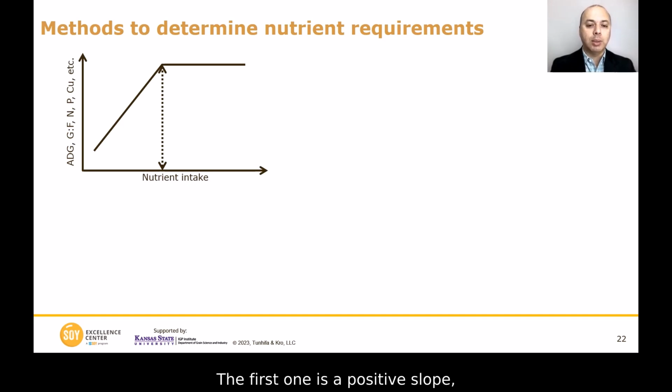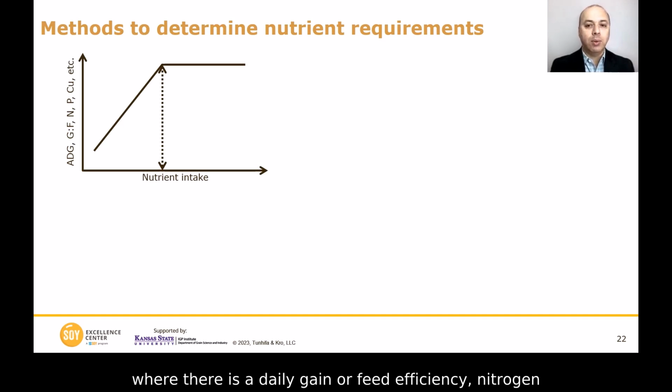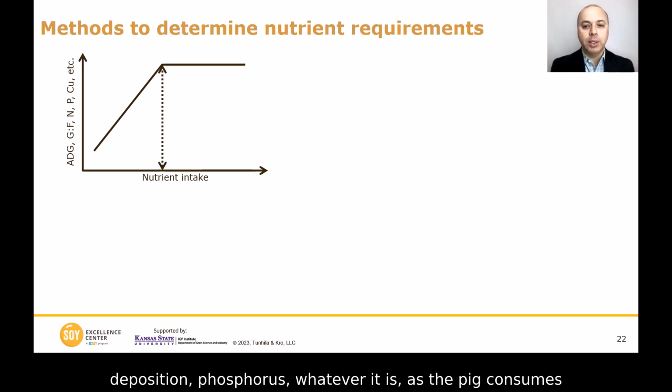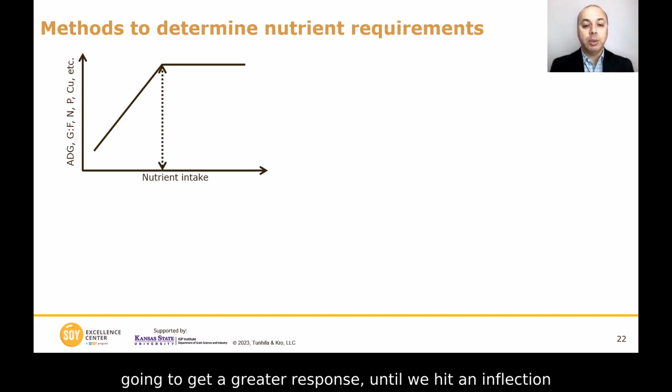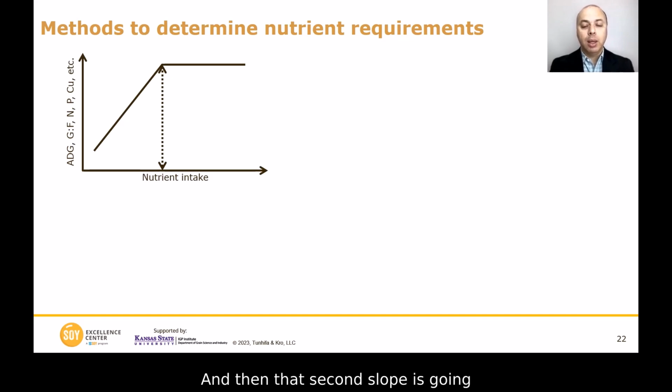The first one is a positive slope, which means that as the pig increases nutrient intake, the response that we're measuring, whether it's average daily gain, feed efficiency, nitrogen deposition, phosphorus, whatever it is, gets greater and greater until we hit an inflection point. Then the second slope is close to zero or zero, which is a little bit artificial, as we'll see in a little bit. But this is how we used to do it mathematically.